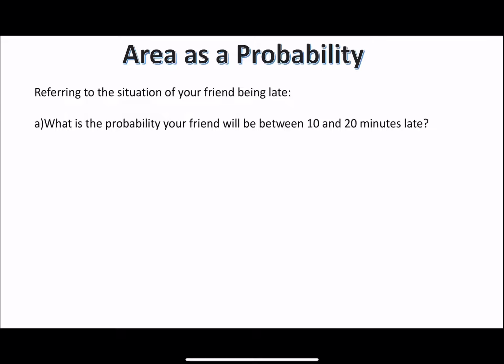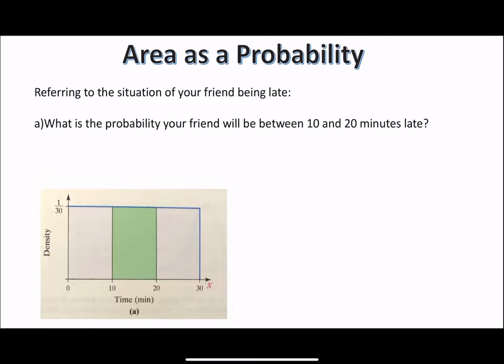Let's talk about the probability that your friend would be between 10 and 20 minutes late. Here's my graph. 10 minutes is right here and 20 minutes is right here. So there's a 10-minute time frame here, because 20 minus 10 is 10. The length of this side of the rectangle is 10, and we know that the height of this rectangle is 1/30.